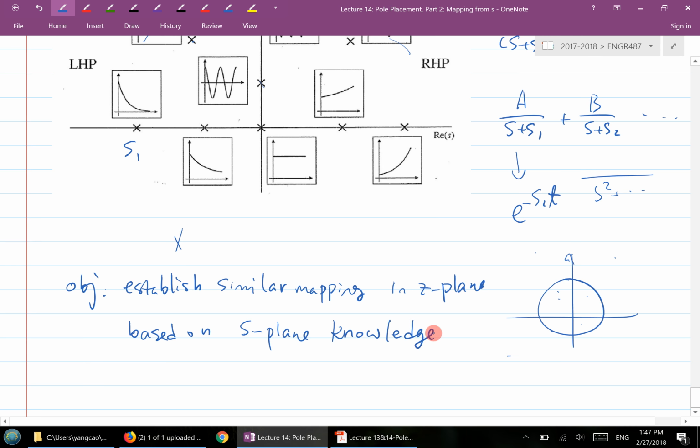We're not going to do it from scratch. We will make use of the knowledge from the S-plane as much as possible. That's the objective here.